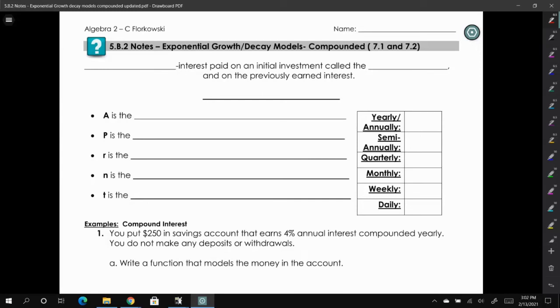Today we're going to talk about another model for exponential growth, and that is called compound interest.